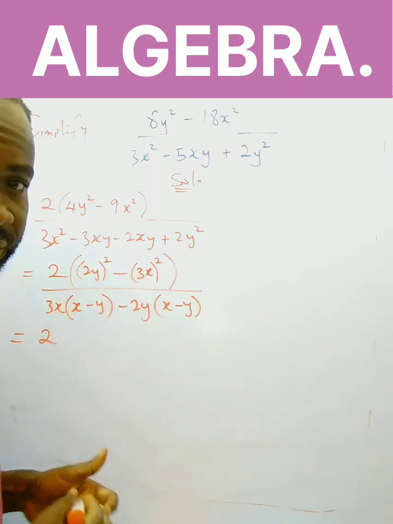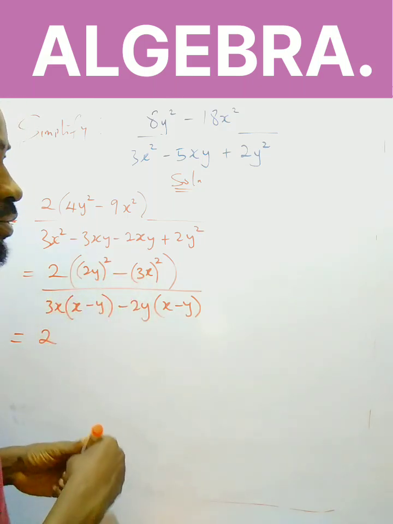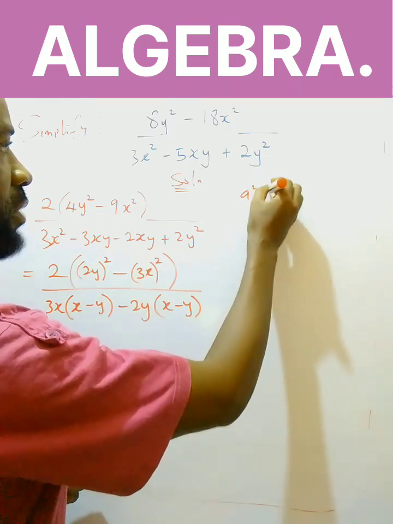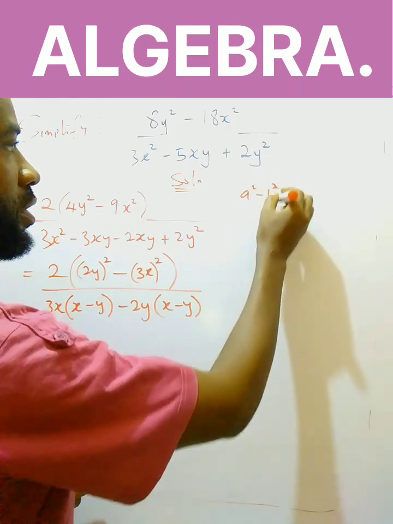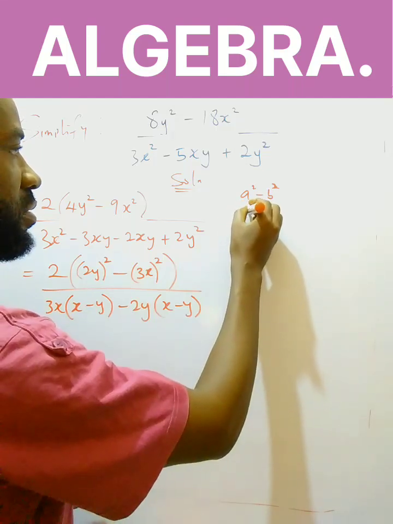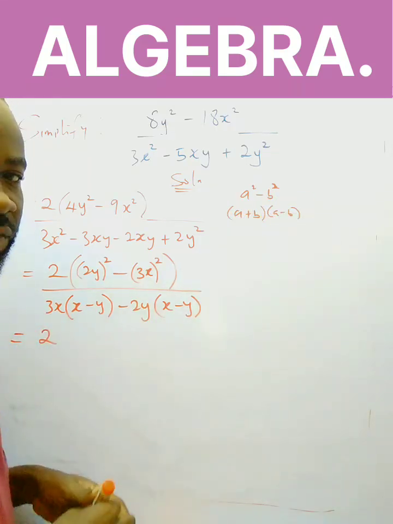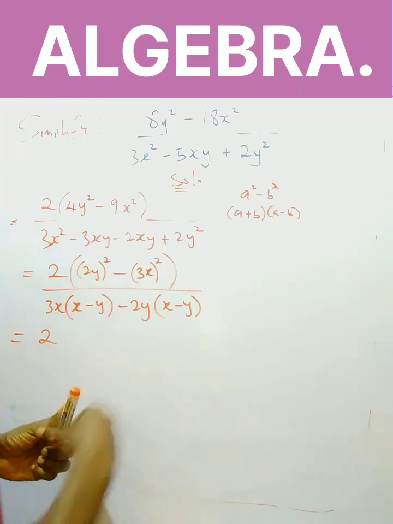Now we are having a difference of 2 squares here. The difference of 2 squares says a squared minus b squared is the same thing as a plus b bracket a minus b. So this is what we're going to apply to this.